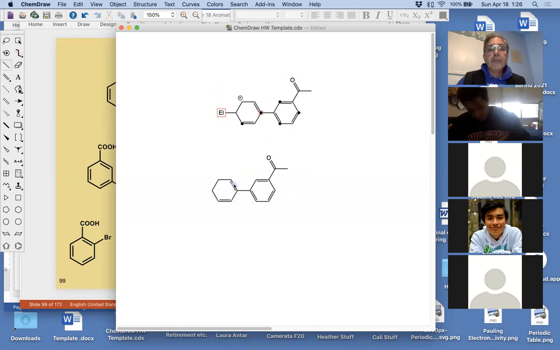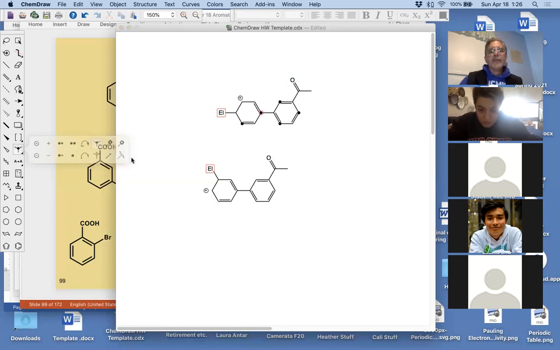if you attack meta, now you get the positive charge on the alternate carbons. And if you look to see what carbons can carry it, those are the 3 carbons, and none of them can go into the other ring. Oh, okay.